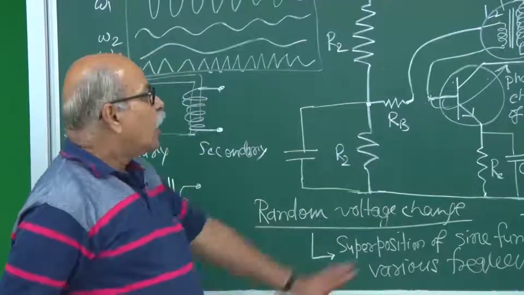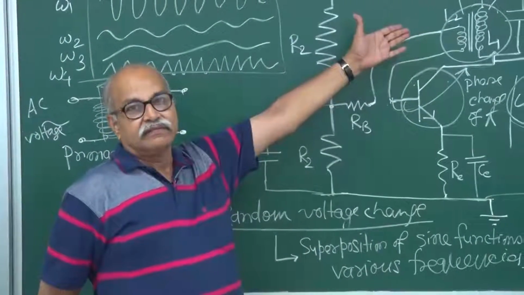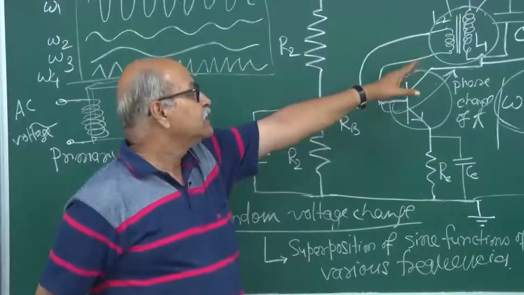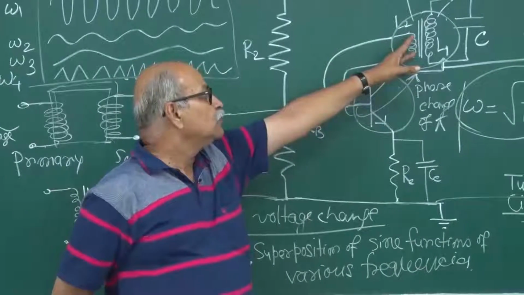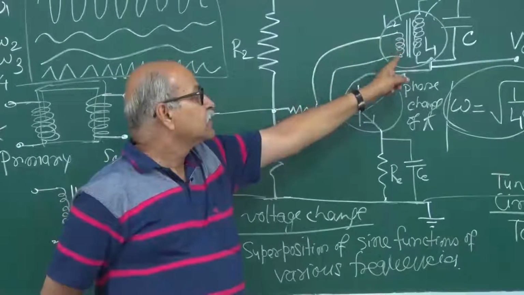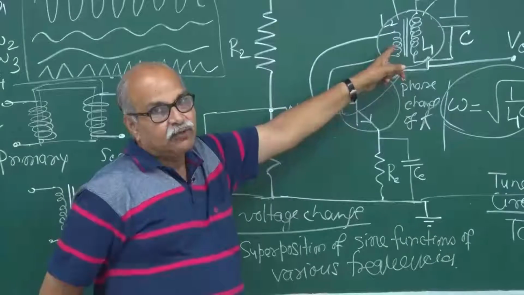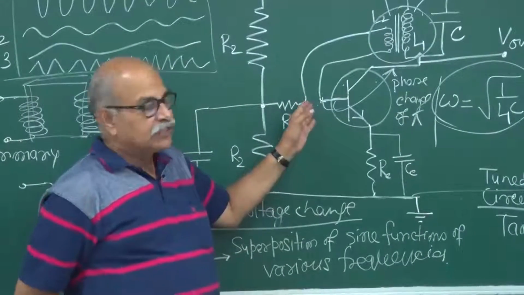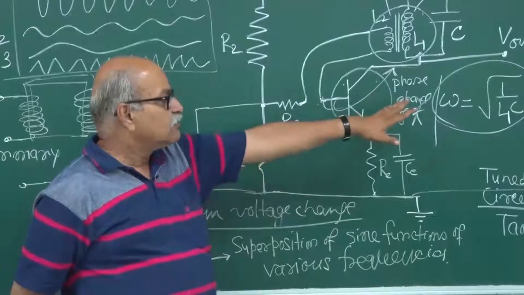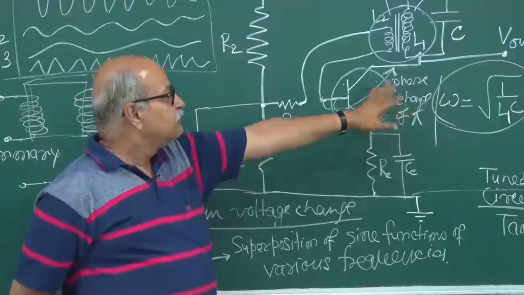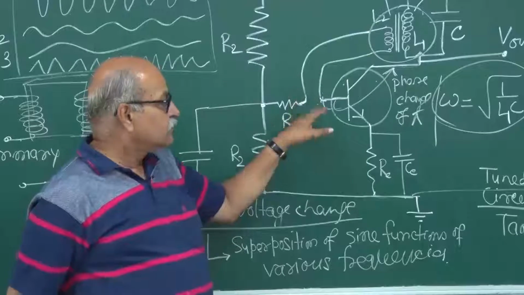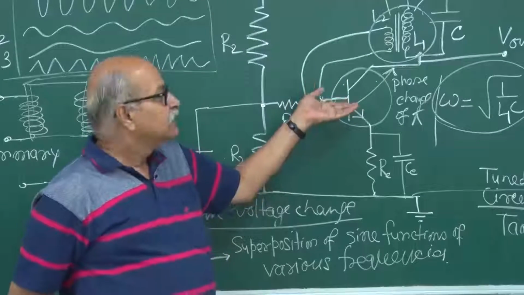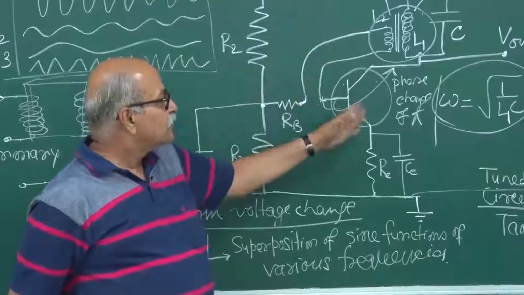You get your output with that kind of voltage. And how much feedback is taken can be adjusted from this L2. So the number of turns here will determine what fraction of this is taken as the feedback. Essentially we need a constant amplitude at the end of it. If this feedback is more than that, then also we are in trouble. If it is less than that, then also we are in trouble.